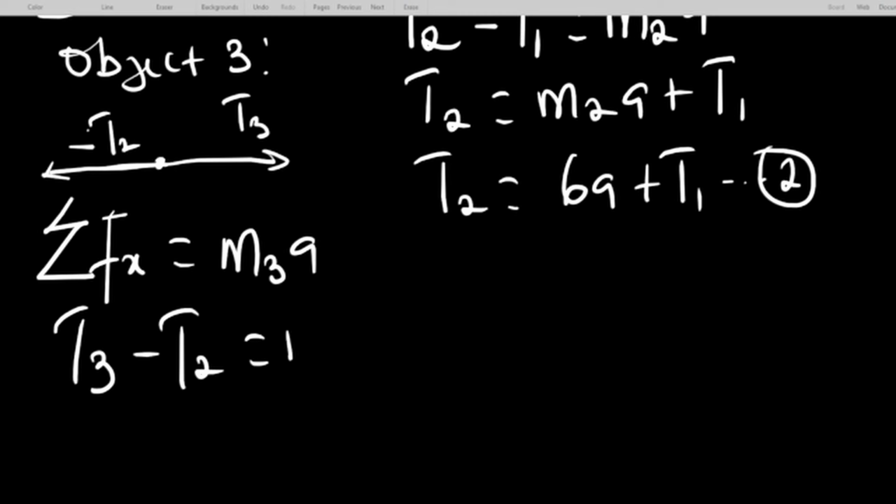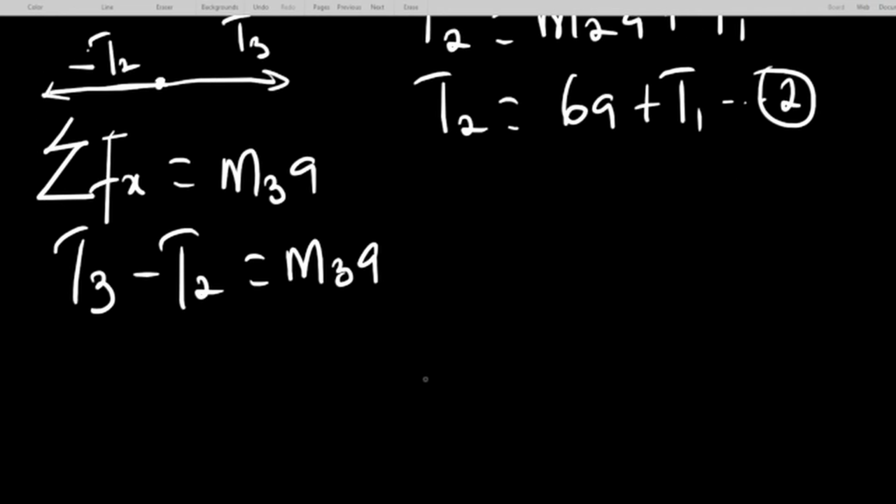This is equal to M3A. So right now, since we're looking for T2 and we have the value of T3 already, we can just plug it in there. So we have 40, because that's the value of tension 3, minus T2 is equal to M3A.